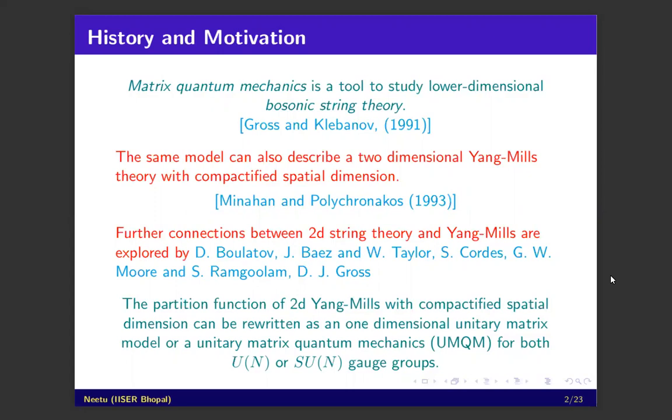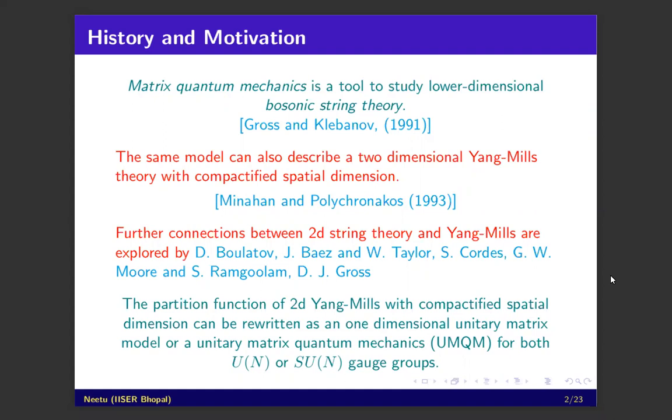The connection between these two was made robust by Gross and Klebanov in 1991. Then Minahan and Polychronikos in 1993 showed that the same matrix model can also describe a two-dimensional Yang-Mills theory with a compactified spatial dimension. In this way, we can connect the two-dimensional bosonic string theory and two-dimensional Yang-Mills theory.